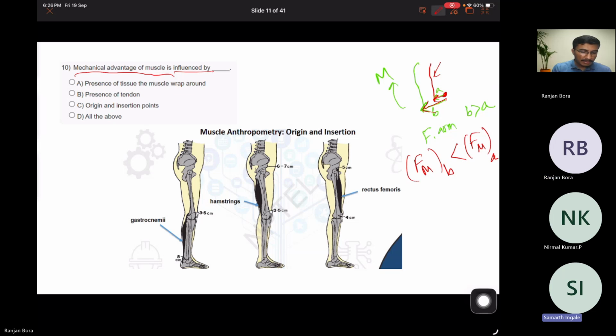Sir, does the tendon also count as a force producing element here? Because the tendon itself is not producing any force. Right, but the tendon is there to connect the muscle with the bone.